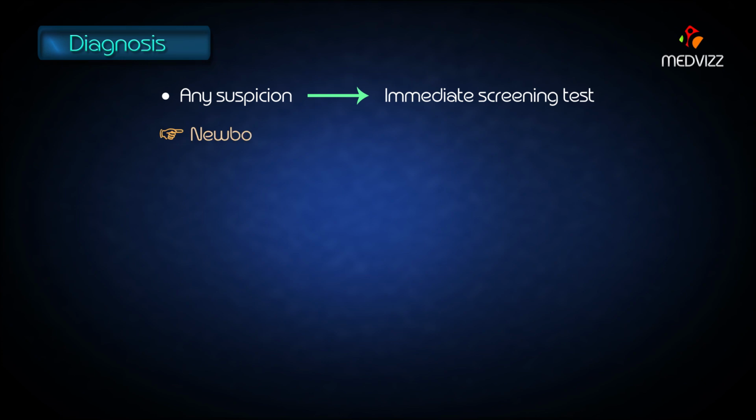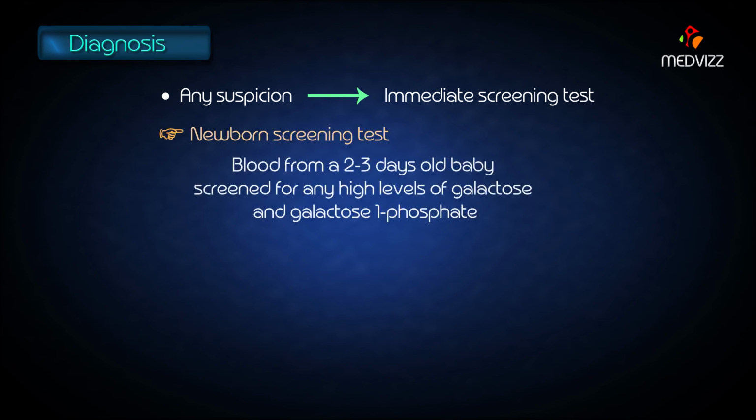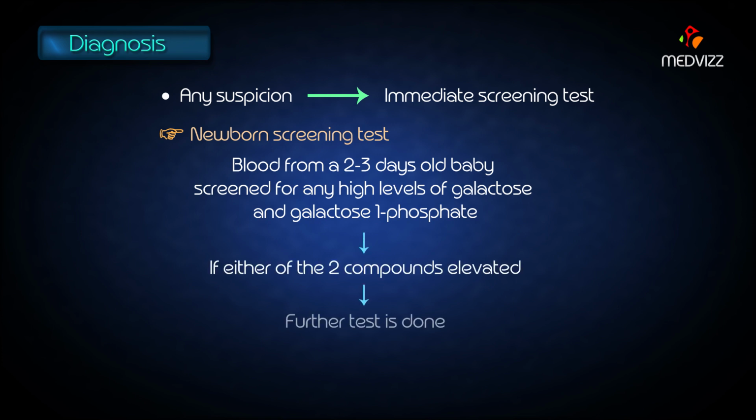For the diagnosis, if there is any suspicion in the newborn, a screening test is done immediately. What is the newborn screening test over here? Blood from a 2 to 3 day old baby is screened for any high levels of galactose and galactose 1-phosphate. If either of the two compounds is elevated, then a further test is done to identify which enzyme is present or missing.